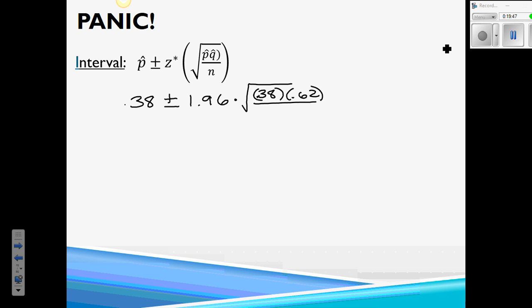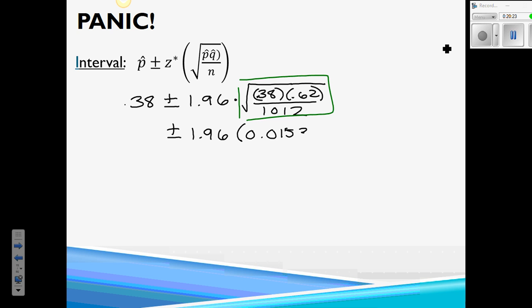And you're going to divide that by our sample size of what? 1,012. Calculate. The first thing I like to do is calculate this standard deviation statistic. And I got 0.0153. Can someone confirm that I did that correctly?